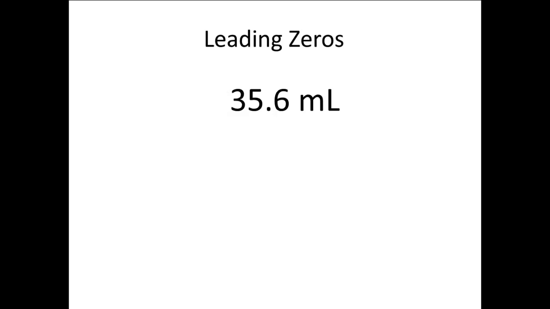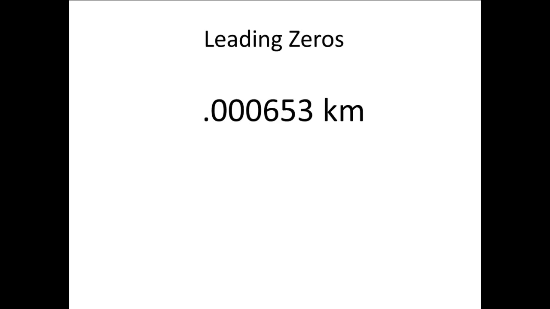However, when a leading zero is to the right of the decimal point, it helps us locate the decimal point, like in the number 0.00653 kilometers. Leading zeros show us that the length is about 20 feet, not 0.000653 kilometers, which is about 2 feet, or 0.653 kilometers, which is about 2,000 feet.